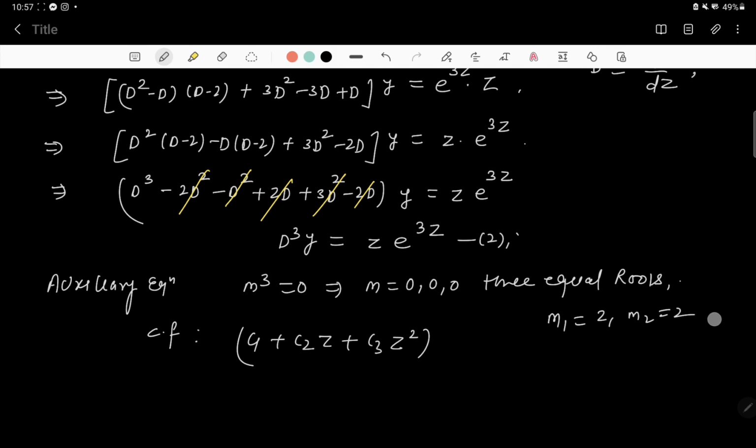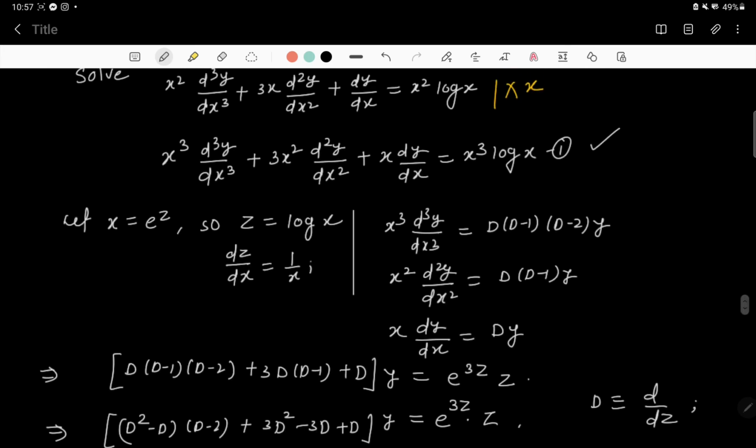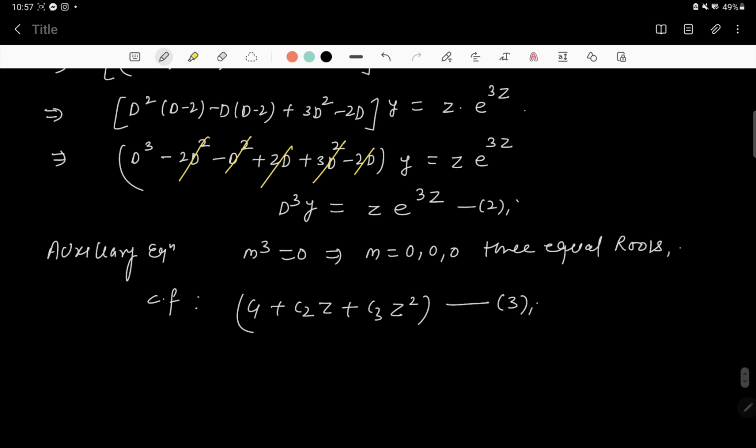So basically this methodology is used here. So you get c1 plus c2 z plus c3 z square. So it is your CF. So it is equation number 3, because we have used equation number 2 already.